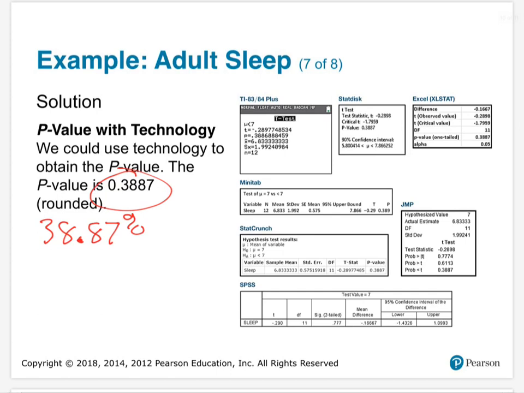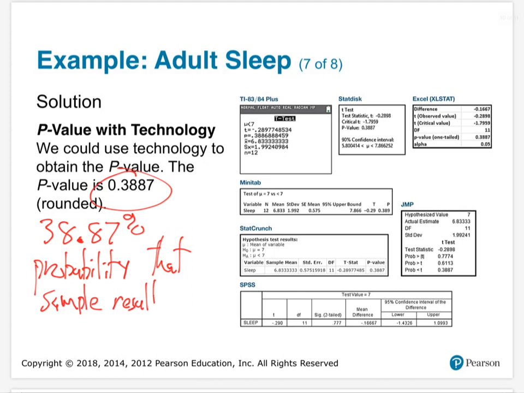Luck. Yeah, something about luck, huh? Probability. Probability of luck. What's luck? Yeah, good. It's the probability that the sample results were just lucky.